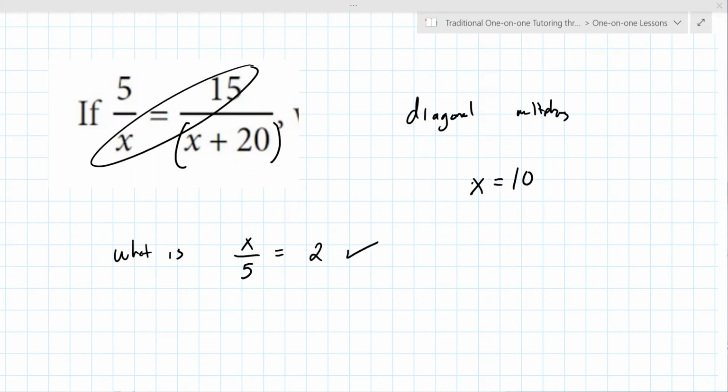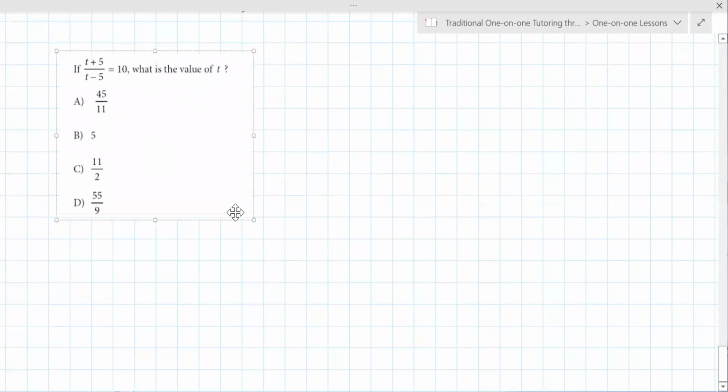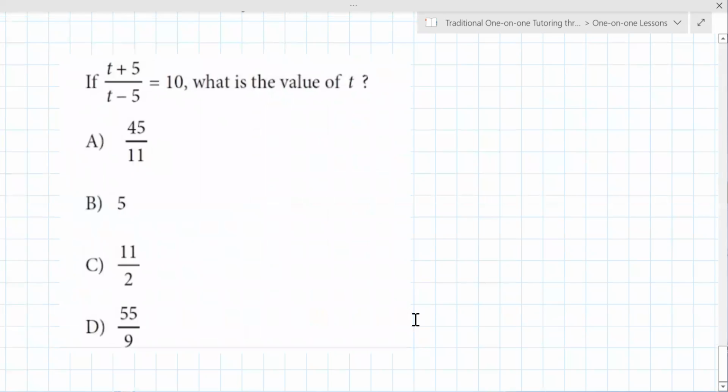This one, this is everyone's least favorite. Okay, new question set here. So again, I would ask you, can you write 10 as a fraction? Yeah, 10 over 1. So I want you to diagonally multiply and solve for t, please.